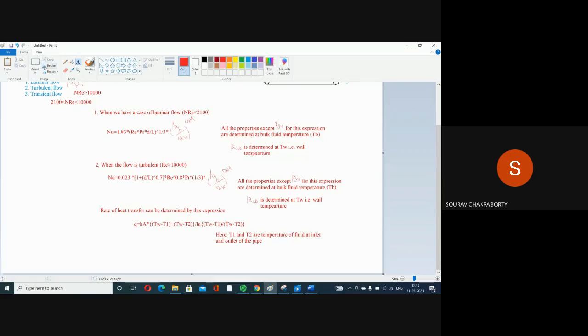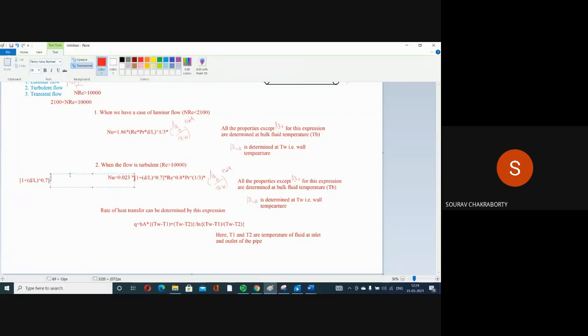So you can write down here: this particular term can be omitted while using this equation if L by D, the ratio of length and diameter of the pipe, is greater than 60.